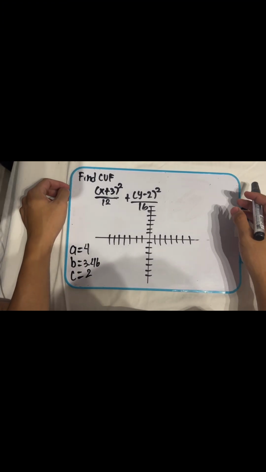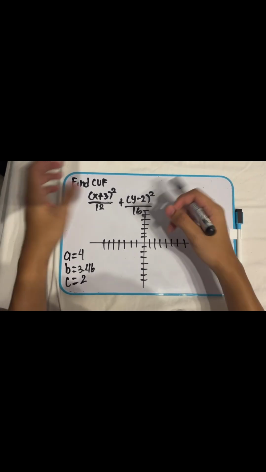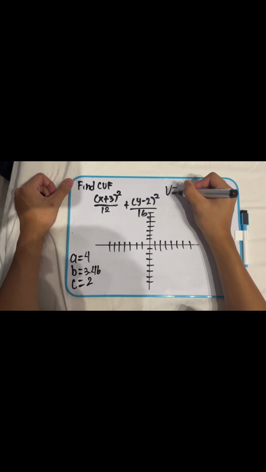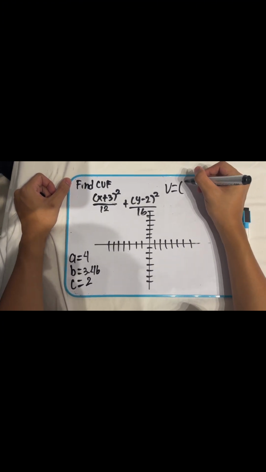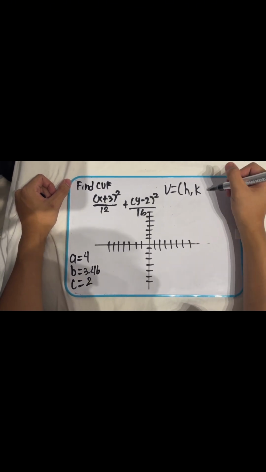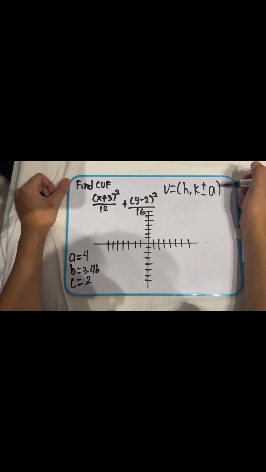So now let's solve to get our vertices. We're using a, so V equals (h, k) plus minus a.